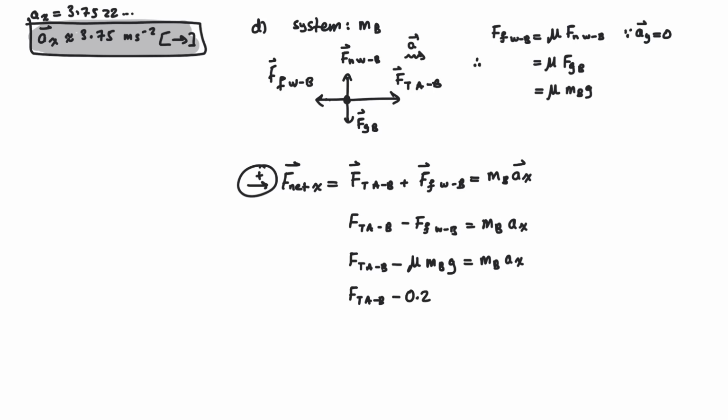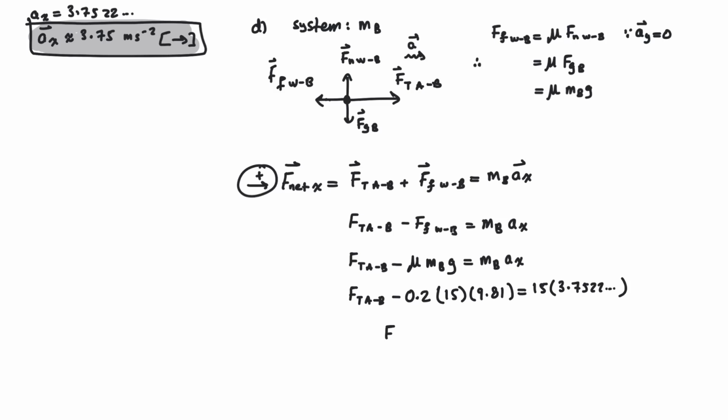0.2 was the coefficient of kinetic friction. Mass B was 15. Gravitational acceleration is 9.81. That's going to equal mass B, which is 15, times the acceleration, 3.7522. And I'm going to use the exact value when I'm doing my calculation.